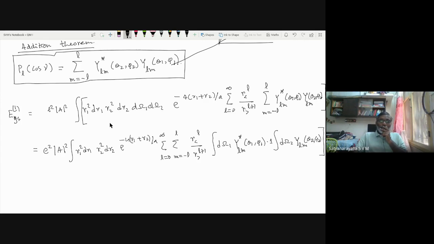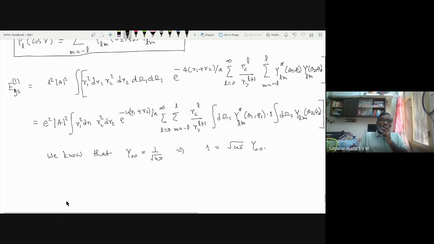Now I can write this constant as, you know, so we know that Y00 is equal to 1 by square root of 4 pi. That means you can write down 1 as square root of 4 pi into Y00. Correct?